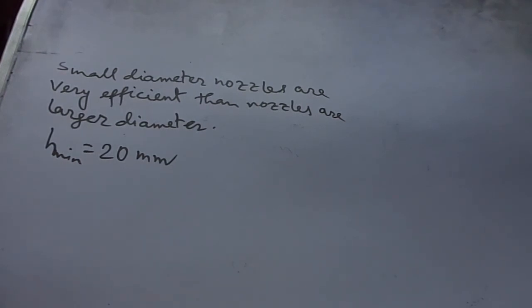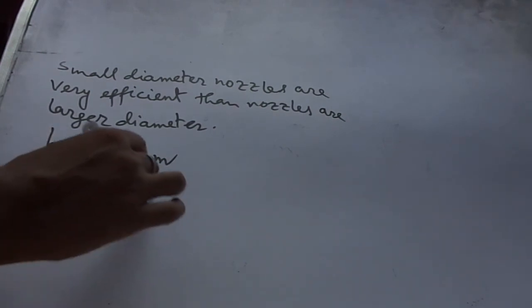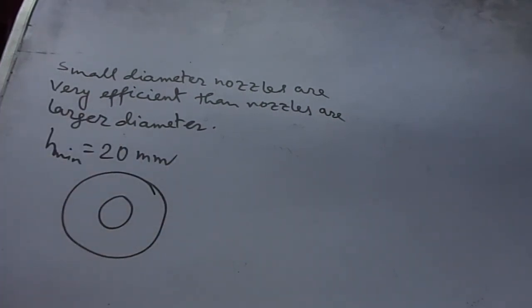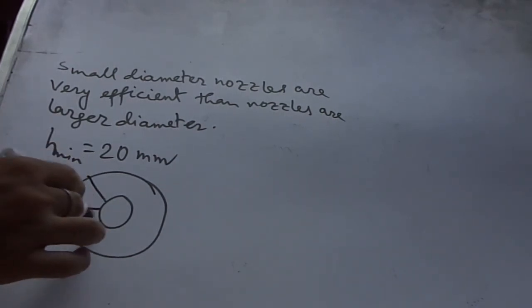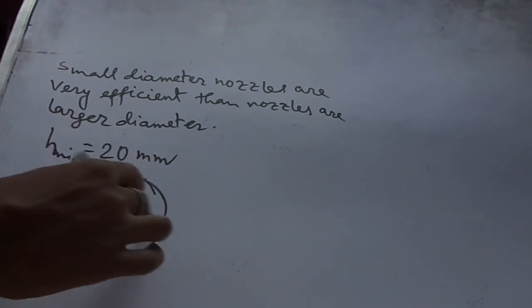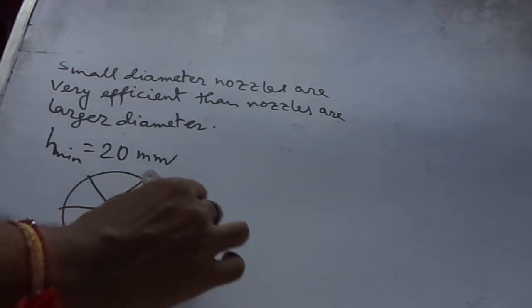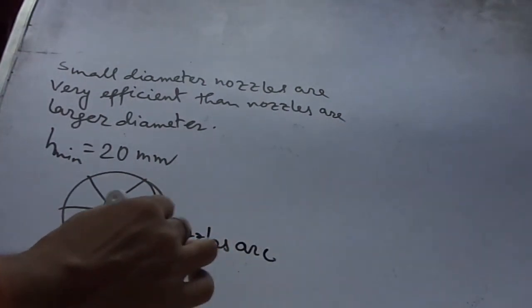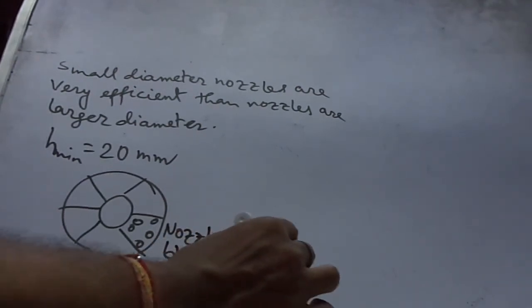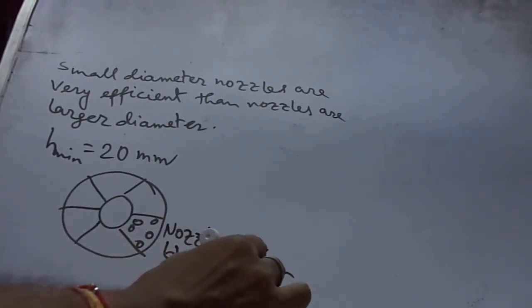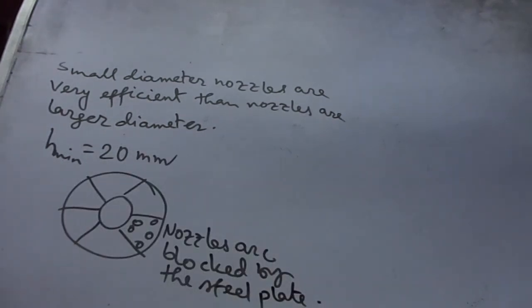Suppose you draw one nozzle, and 1, 2, 3, and another one 1, 2, 3, and another one; there is a nozzle arc blocked by the steel plate.